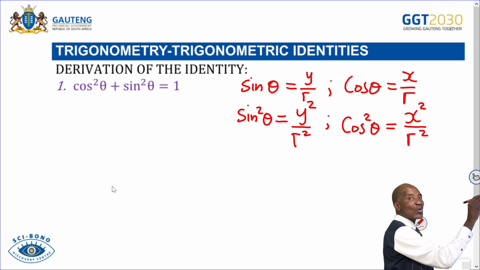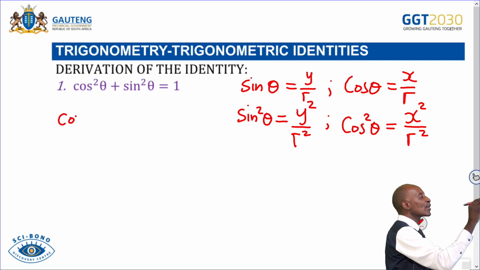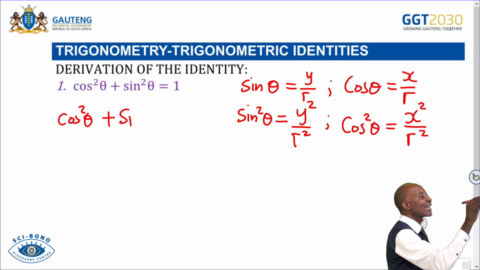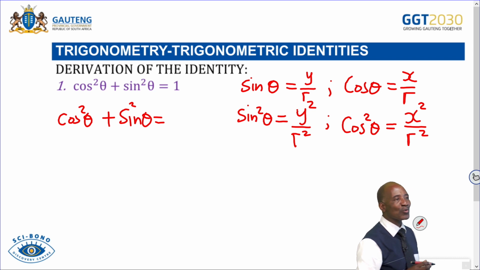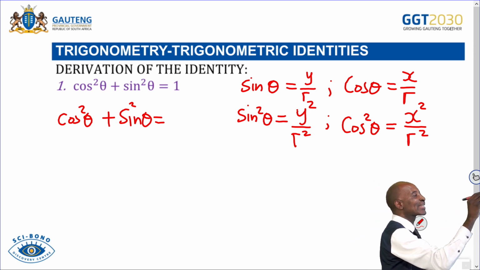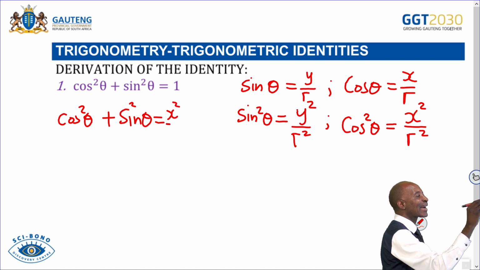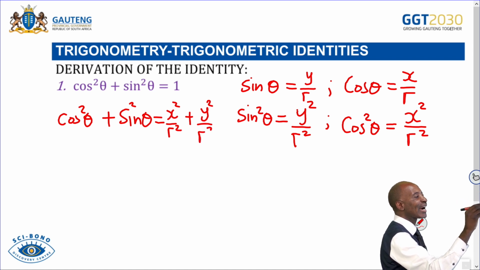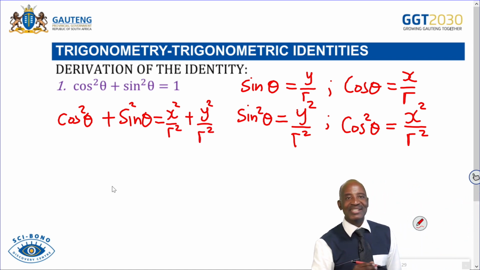I will say cos squared theta added to sine squared theta. I'll take my result of squaring both. Our cos squared theta is the same as x squared over r squared added to y squared over r squared again. What do we notice here?